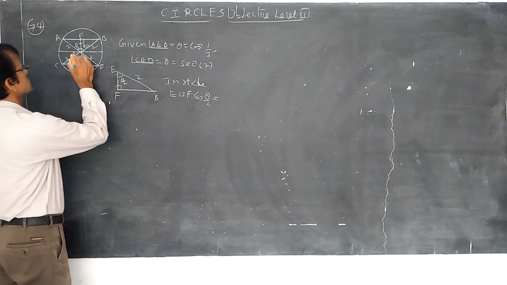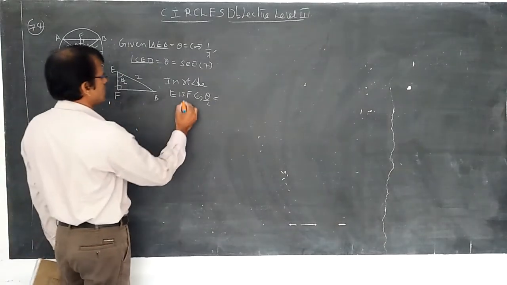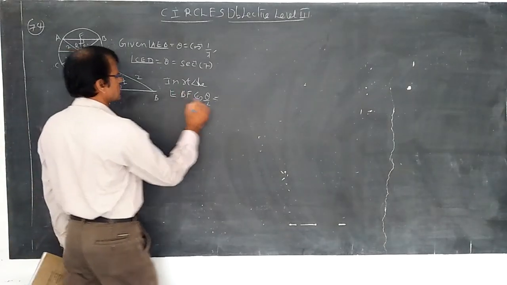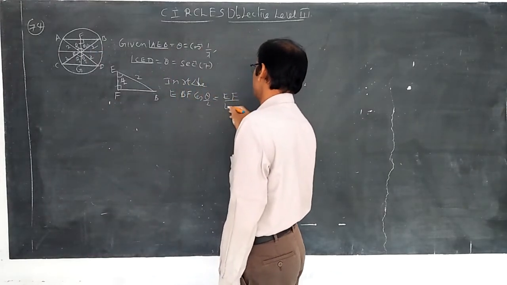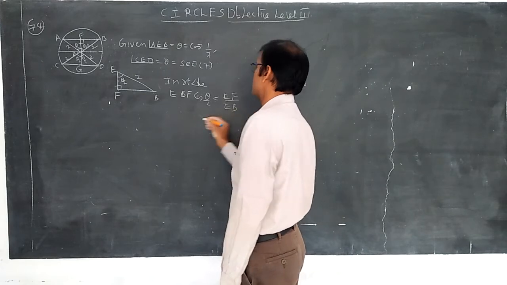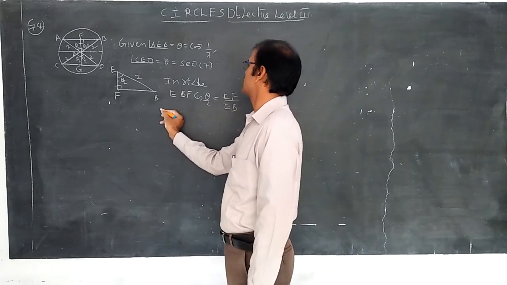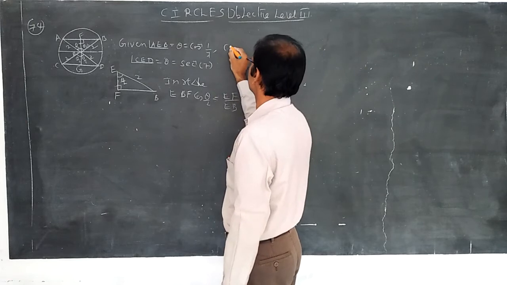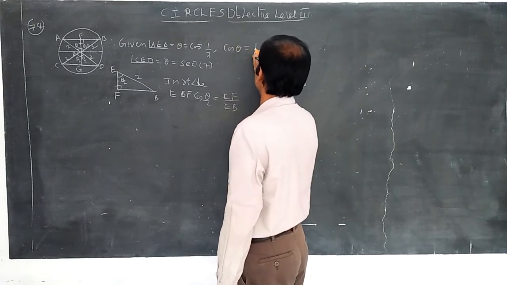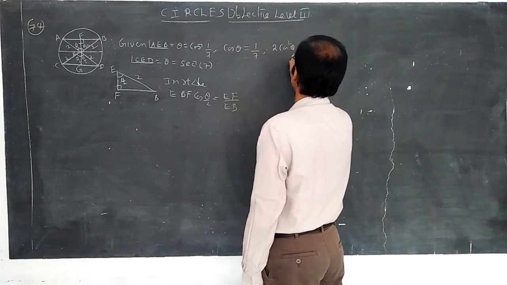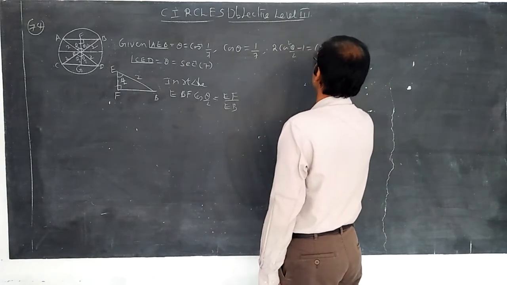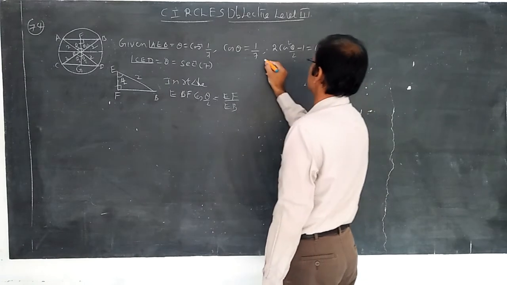In the right triangle, cos theta by 2 is equal to EF by EB. Cos theta is given as 1 by 7, and use the formula 2 cos square theta by 2 minus 1 is equal to cos theta.